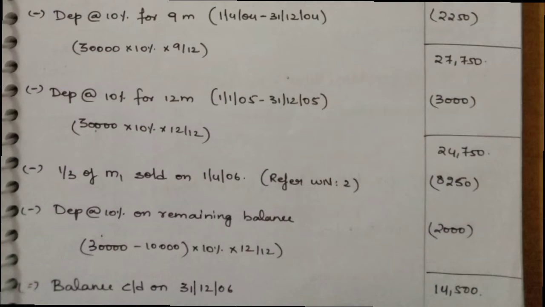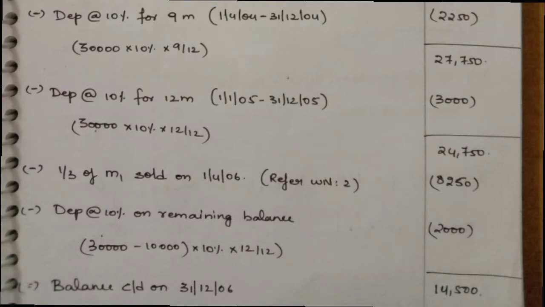So 30,000 minus 10,000 into 10% into 12 divided by 12. See, for this 20,000 the machinery is existing for the full year. So for this 20,000 you need to take the depreciation for 12 months. So you will get 20,000 into 10% into 12 divided by 12, you will get 2,000.